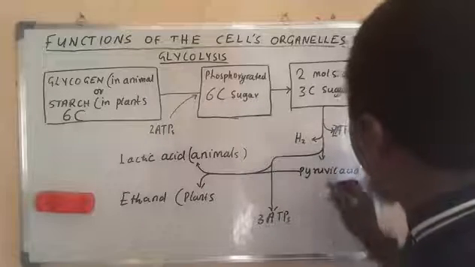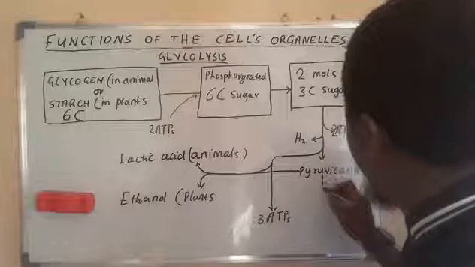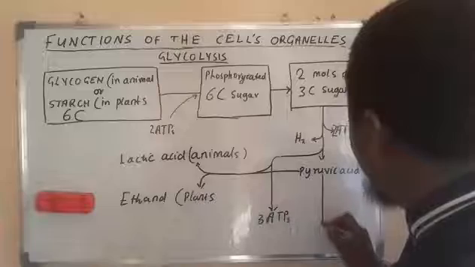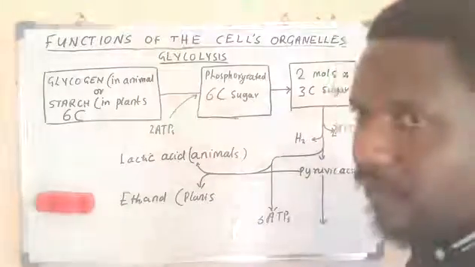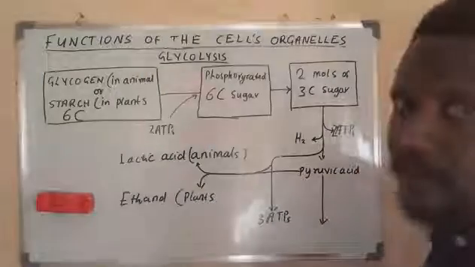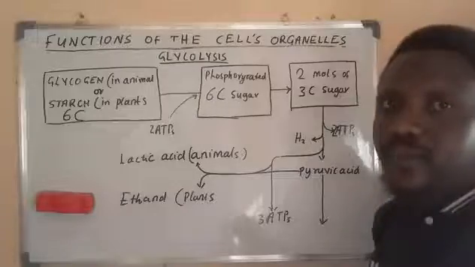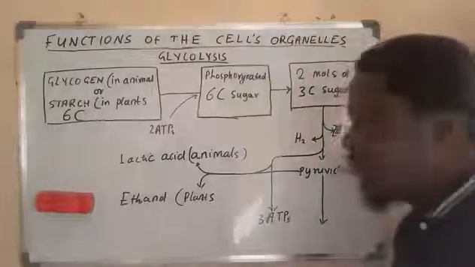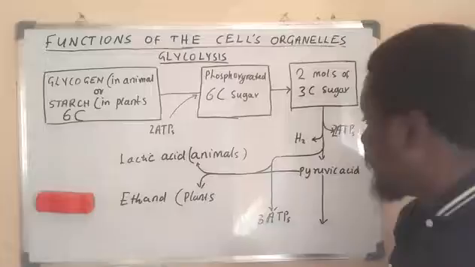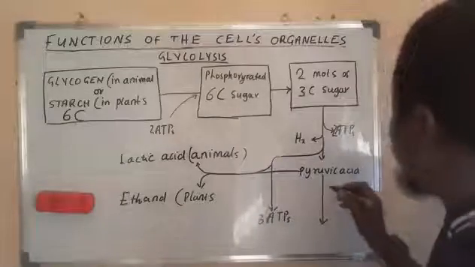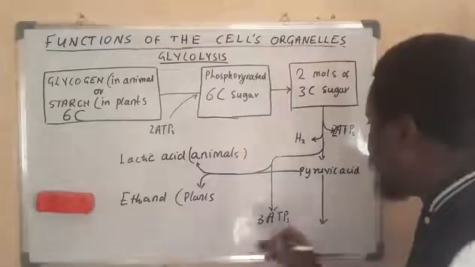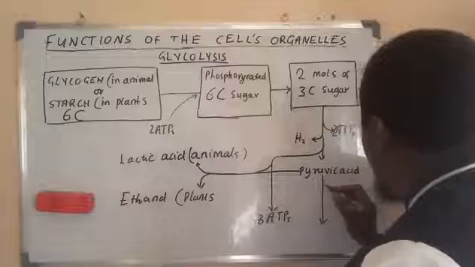and pyruvic acid will enter into the mitochondria also if oxygen is available, and makes what we call acetyl coenzyme A. But before its conversion into acetyl coenzyme A, it's going to release 1 molecule of carbon dioxide.